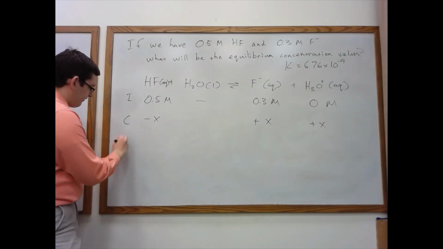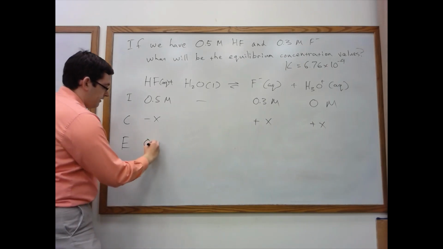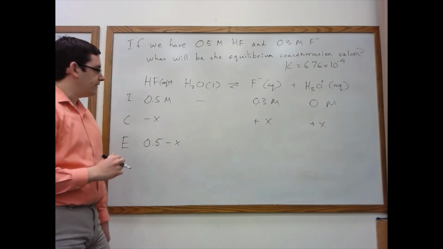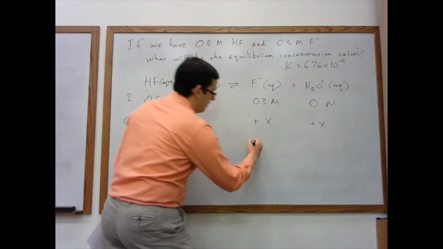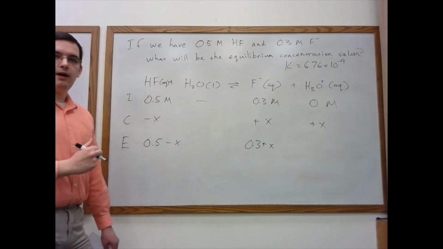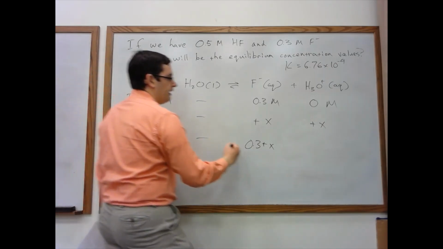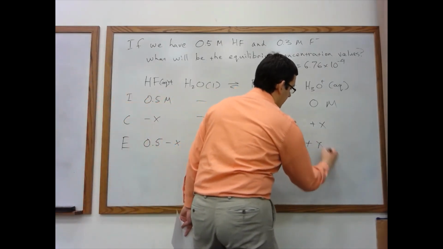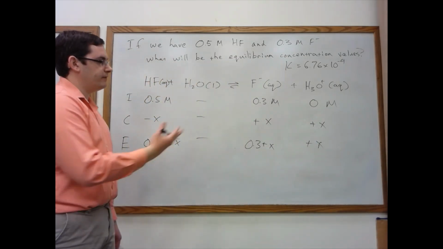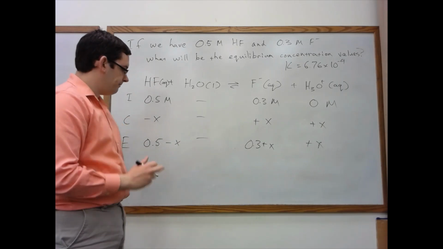We then have our equilibrium values will be 0.5 minus X. We consume some of our initial HF reactant. We're going to produce an additional X amount of our fluoride ions, and we'll also, at equilibrium, have X amount of our hydronium ions as we react to produce that equilibrium.